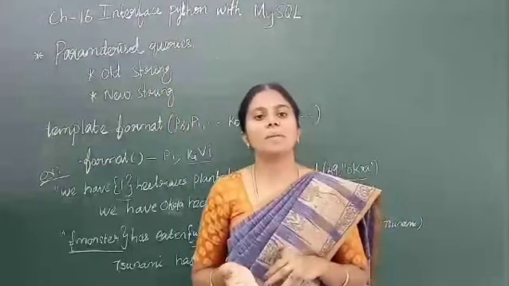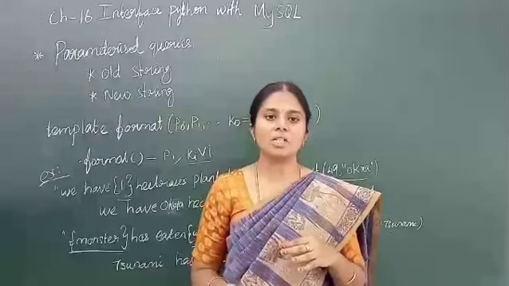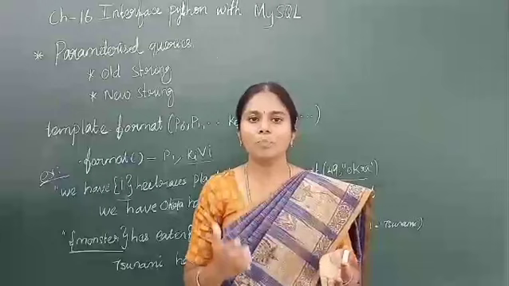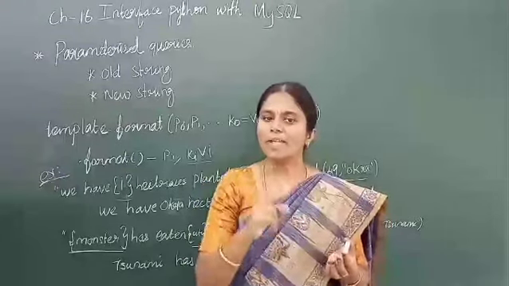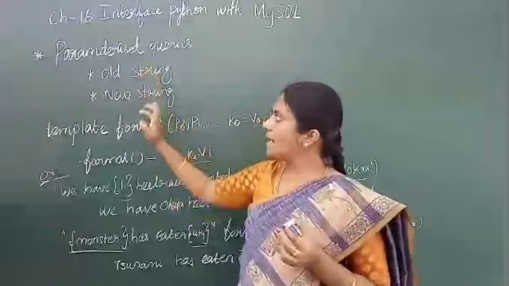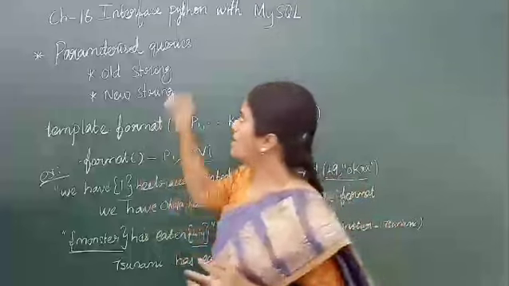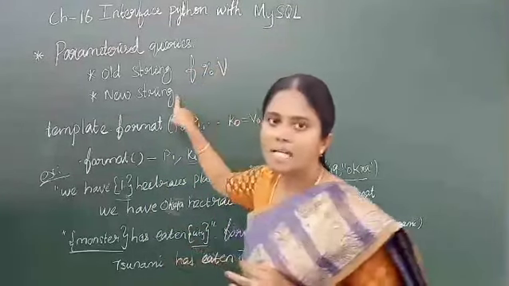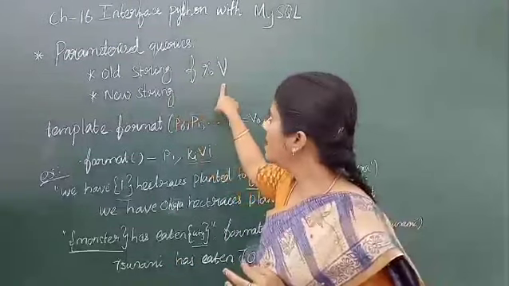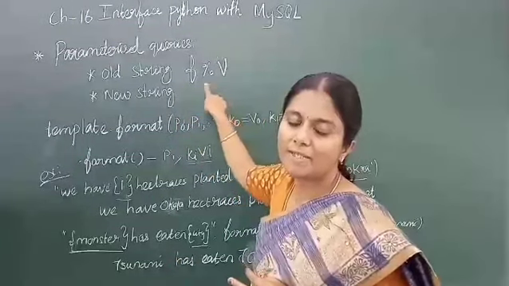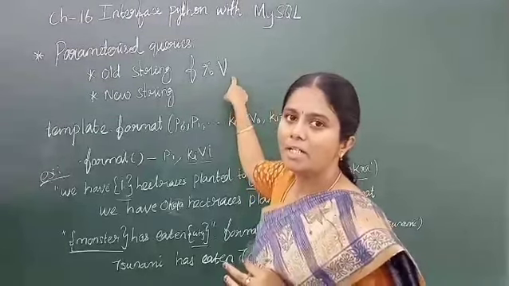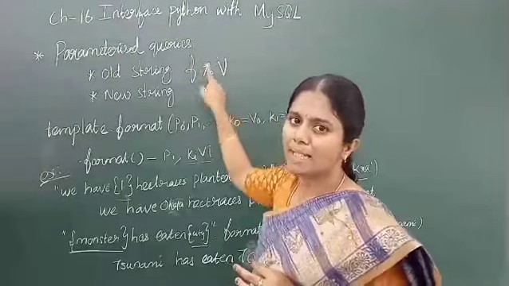Next, formatting the string. You have to create the normal connection between Python and MySQL. There are two ways to format a string: old string and new string. The old string is F modulus operator V, where F is a format template and V is a value; values are specified to fill the template.